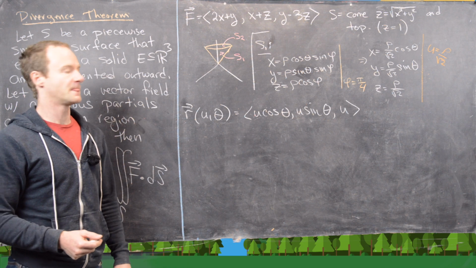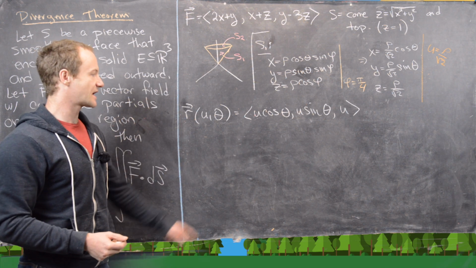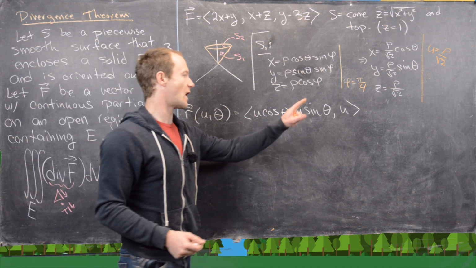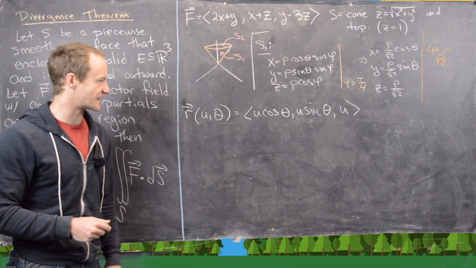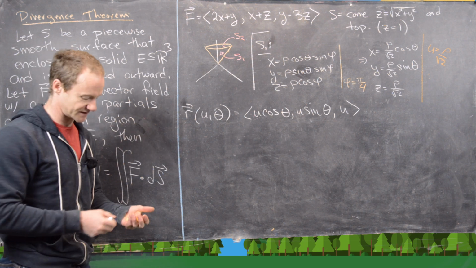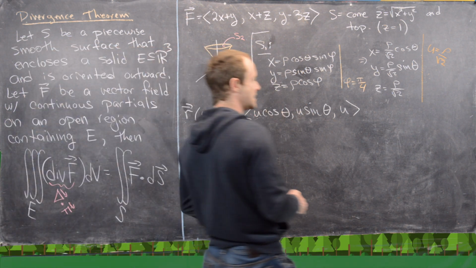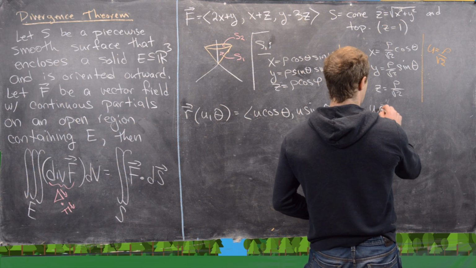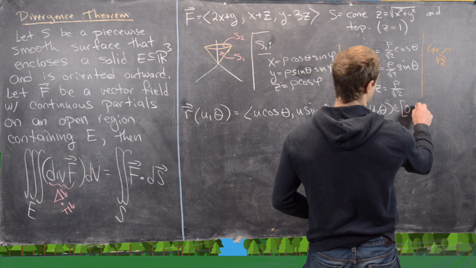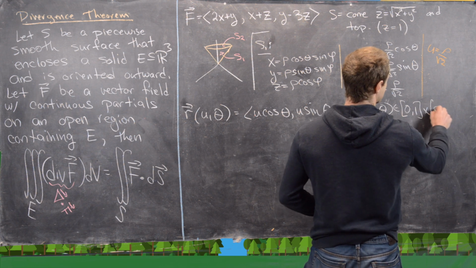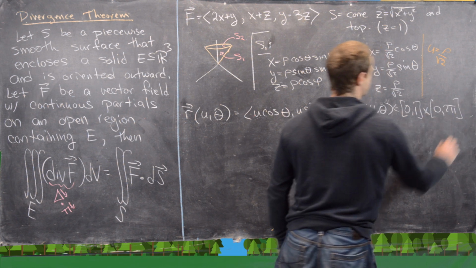Great. And now you can check that if you plug this x, y, and z value into the cone, it actually satisfies the equation of that surface. So this is a parameterization. And now let's see what we need. We need u and theta to be in the cross product of the intervals 0 to 1 cross 0 to 2 pi.